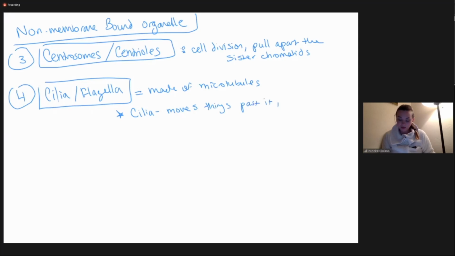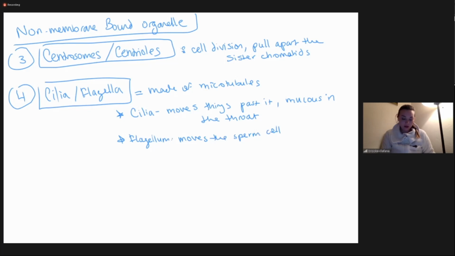For example, they move mucus in the throat up so you can cough it up. Flagellum is capable of actually moving the cell, so this moves the sperm cell.